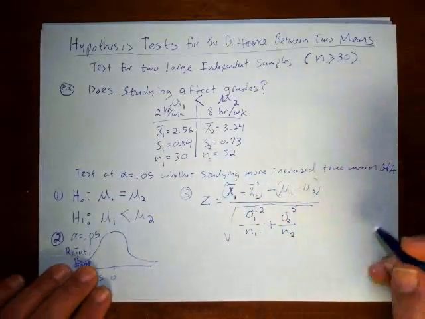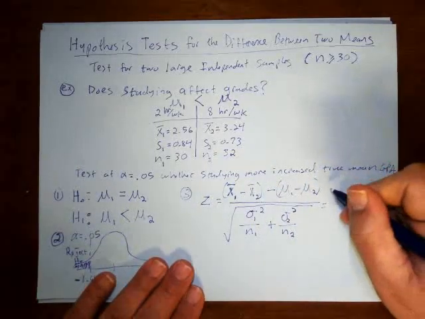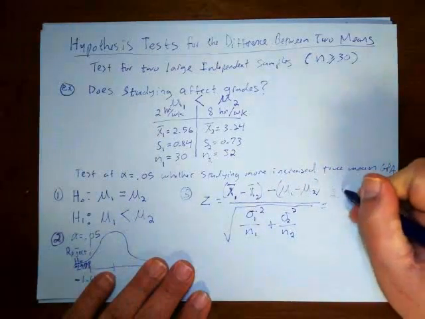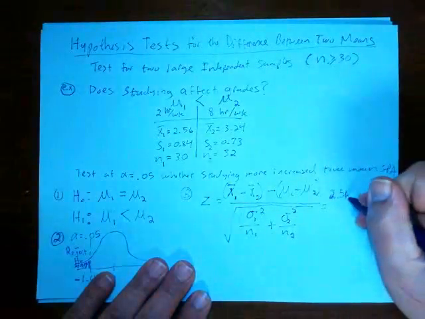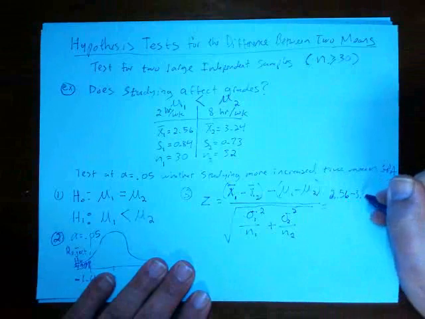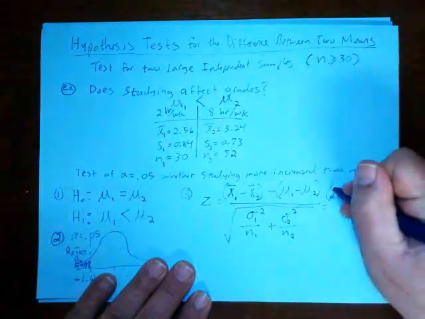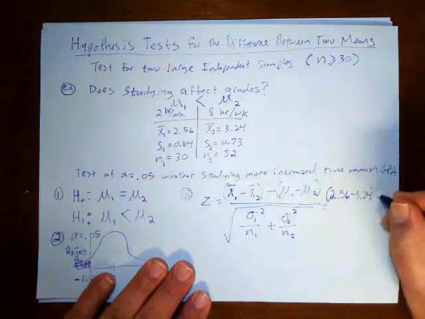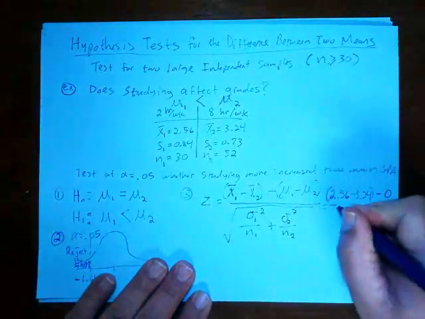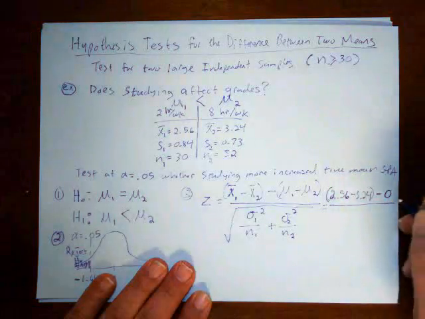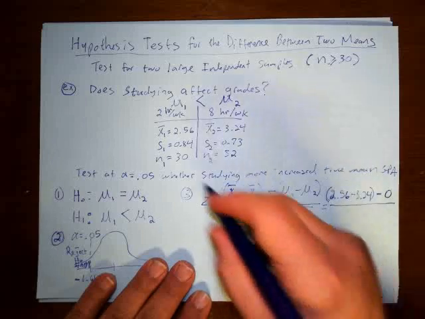So when I plug these things in here, I would get 2.56 minus 3.24. So that's the sample difference minus the hypothesized difference. All of that divided by, now I'm going to use the sample standard deviation in place of sigma.